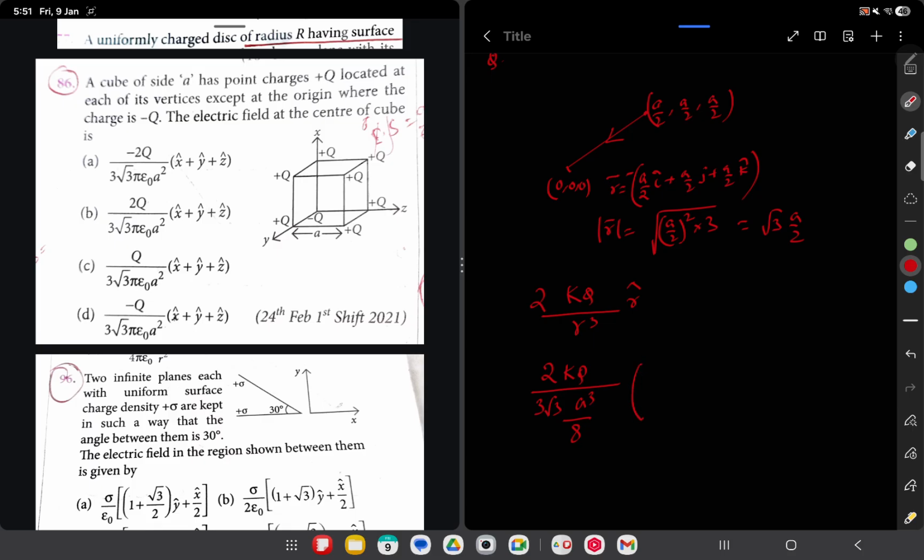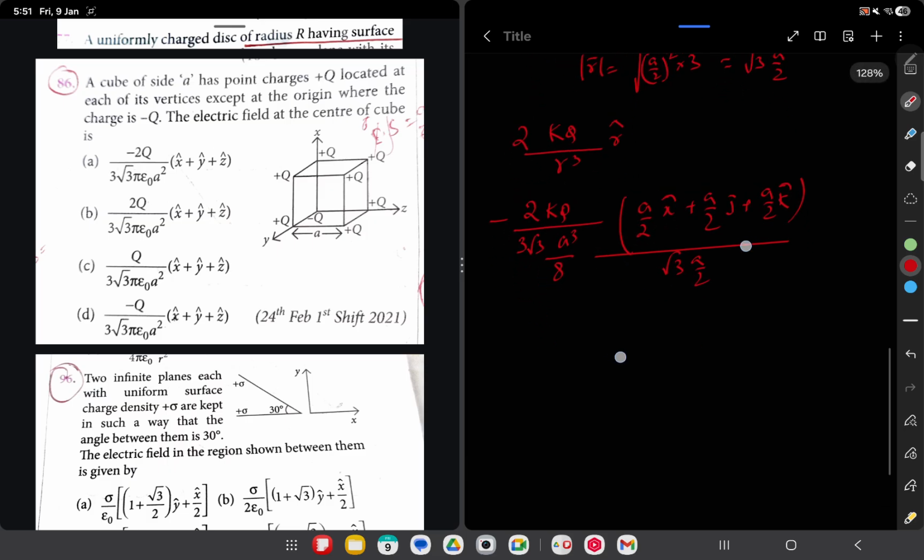R cap means minus a by 2 i cap, a by 2 j cap, a by 2 k cap, divided by root 3 a by 2.